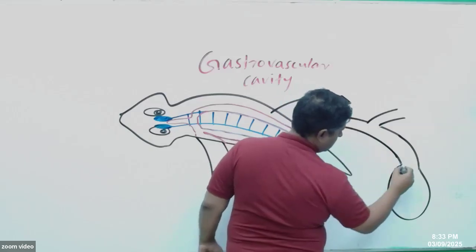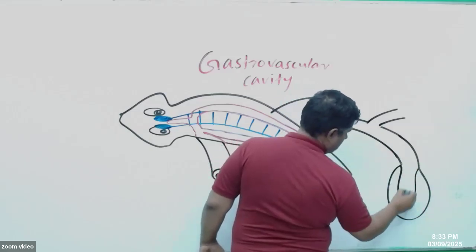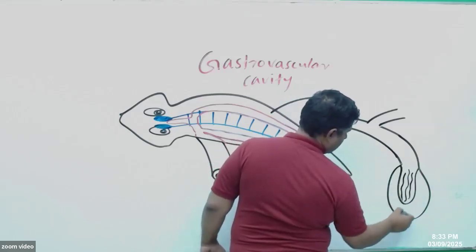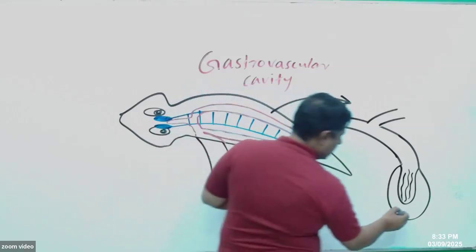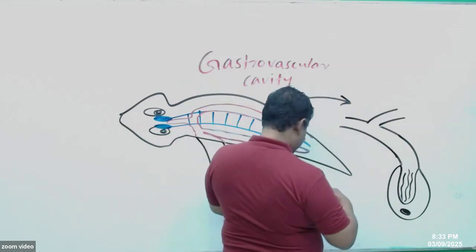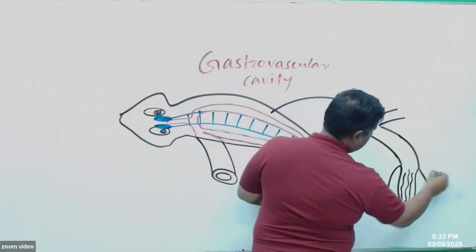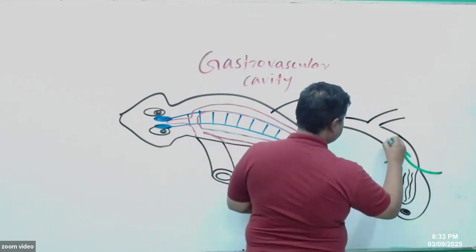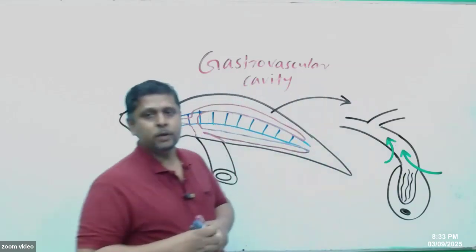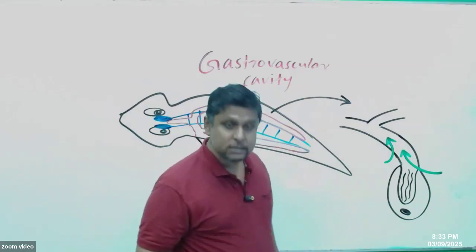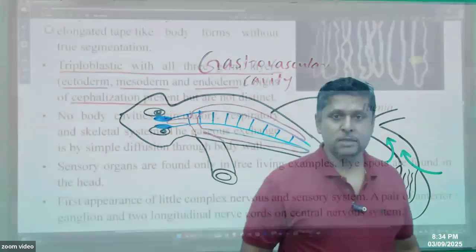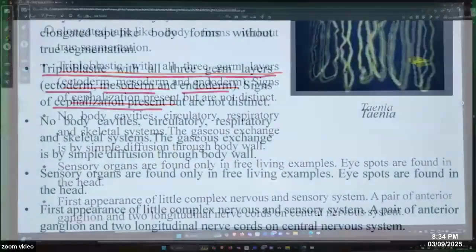What do you call them? These are the flame cells. Flame cells collect waste materials and pump them into this tube system. So therefore, there are simple excretory structures available in these animals.